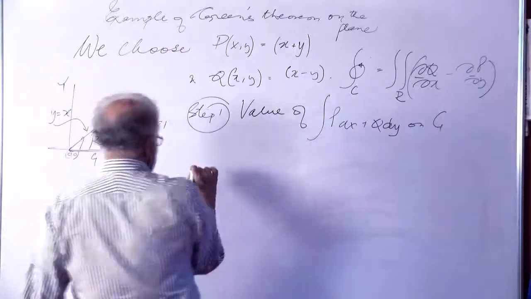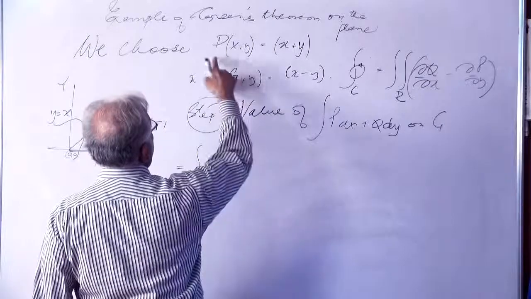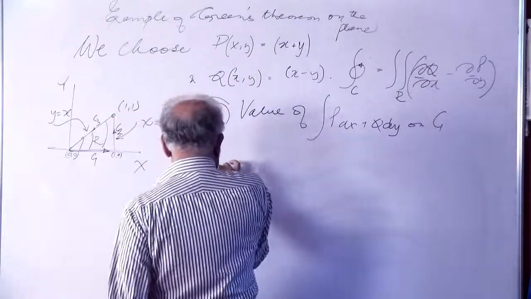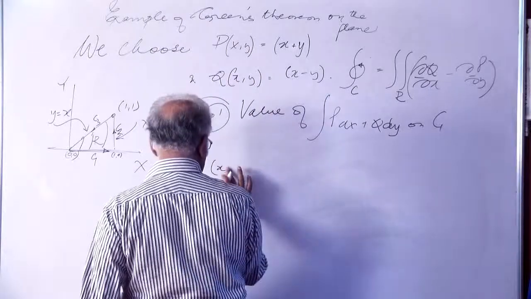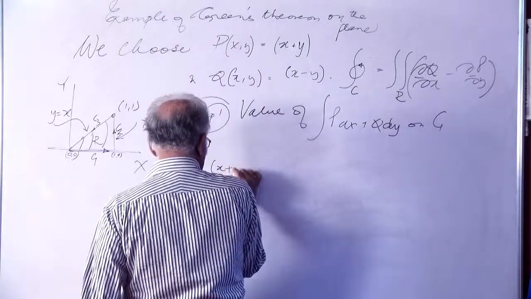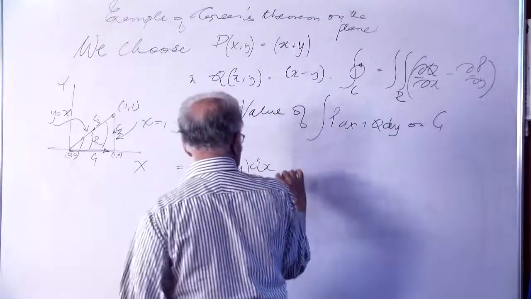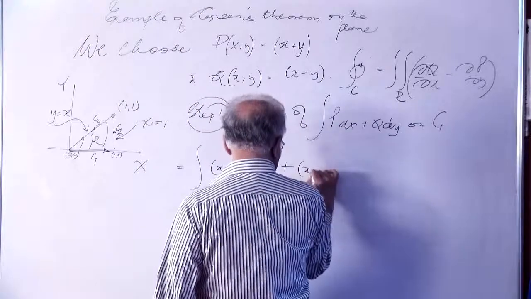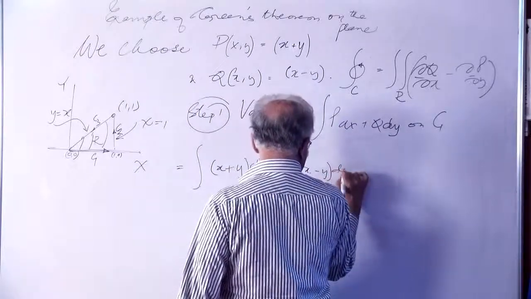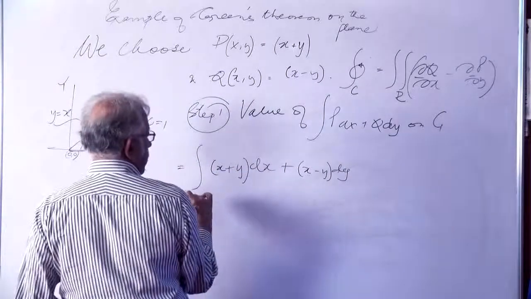Now this is nothing but P is x plus y dx, Q is x minus y dy over C1.